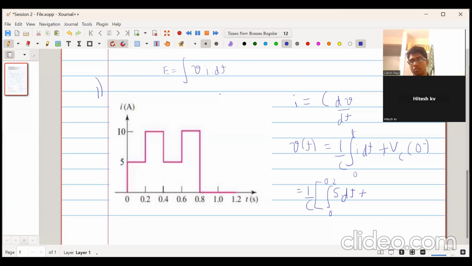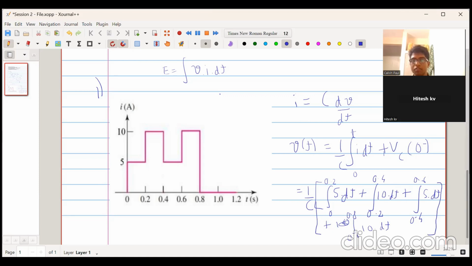Similarly, for 0.2 to 0.4, it will be 10 dt, plus from 0.4 to 0.6 it will be 5 dt, plus from 0.6 to 0.8 it will be 10 dt.